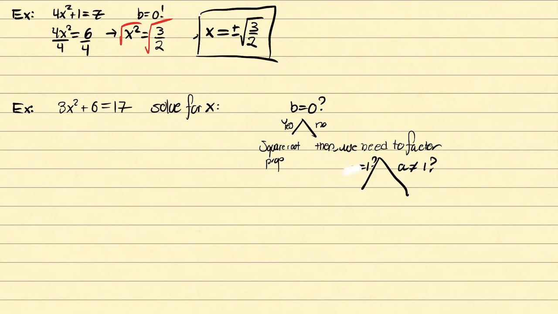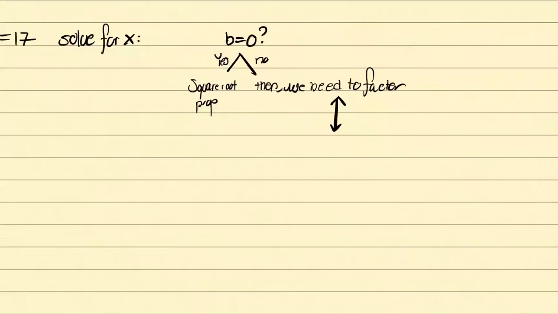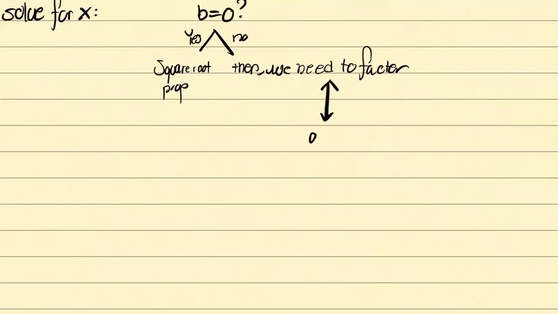Actually, I need to write this tree in a slightly different way. So once we factor, then we say, is a equal to 1? Have you guys had these decision trees before? You might have done it in some other class, developing some type of rule chart that you can follow down.